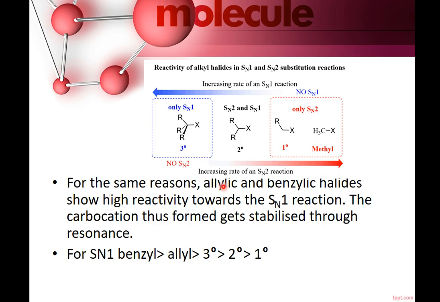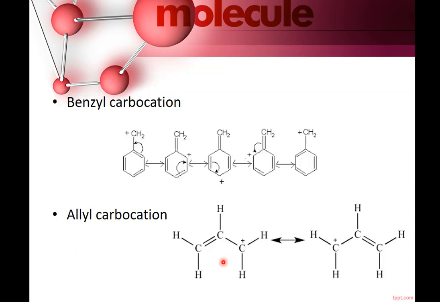For the same reasons, allylic and benzylic halides show high reactivity towards SN1 reactions because in both allylic and benzylic, carbocation is stabilized due to resonance. So we can say for SN1, the order of reactivity will be benzyl, allyl, tertiary, secondary and then primary.